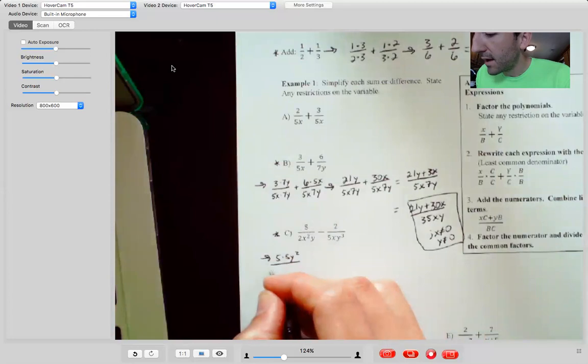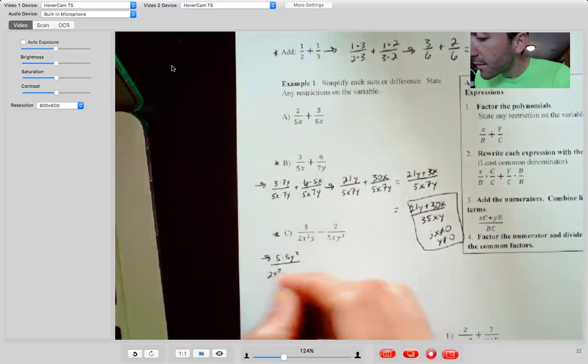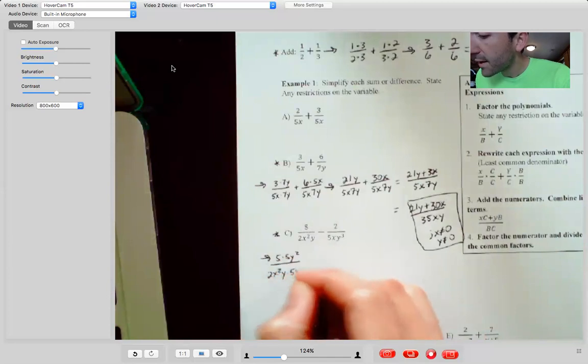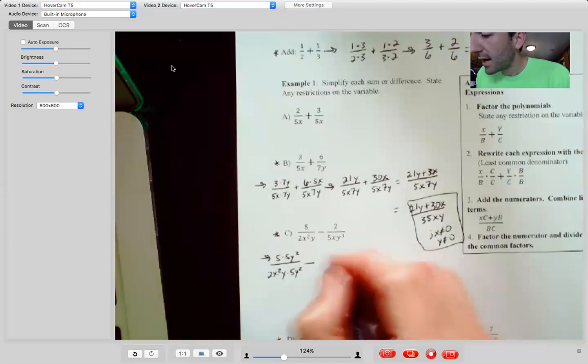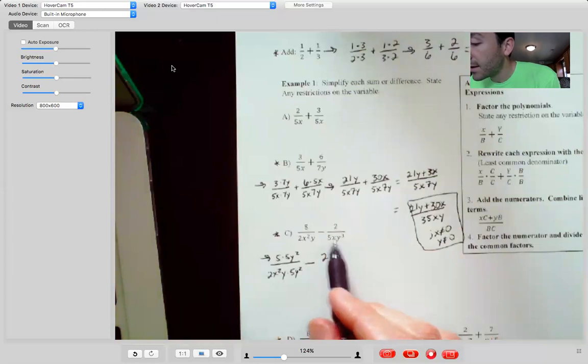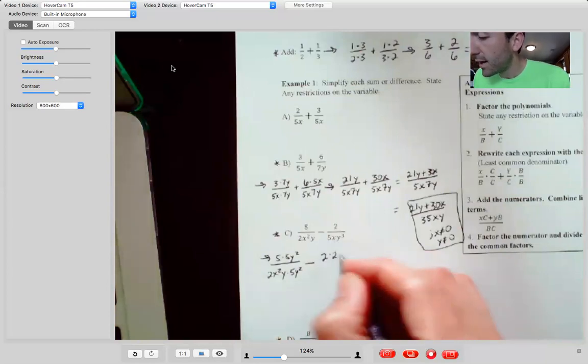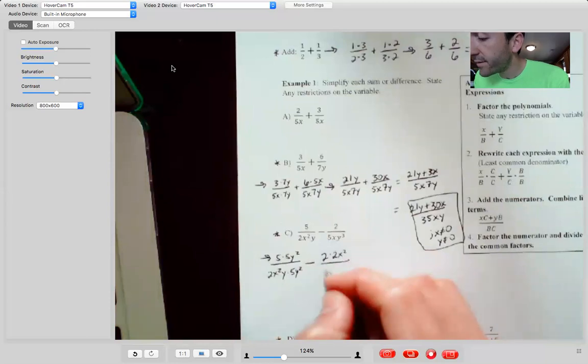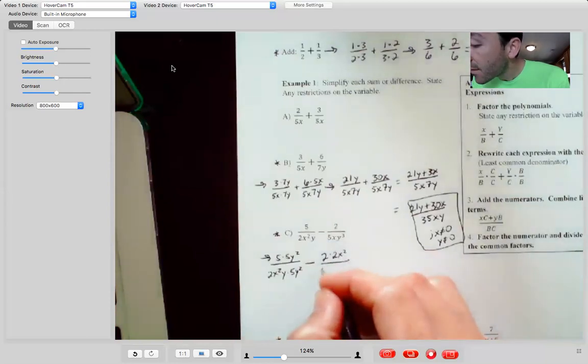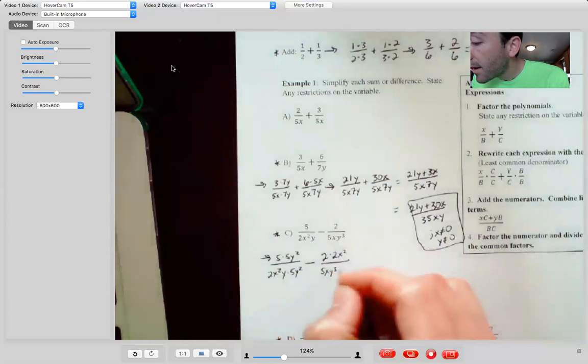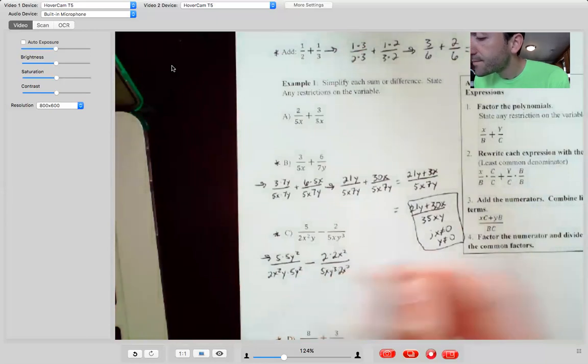And that would give me 2x squared y times 5y squared. And then on the other side, we need to multiply by 2 to make that a 10, and x to make that an x squared, and we already have our y cubed. So 5xy cubed times 2x squared.